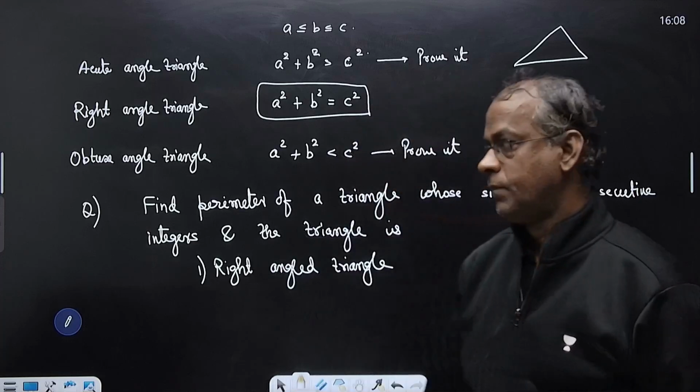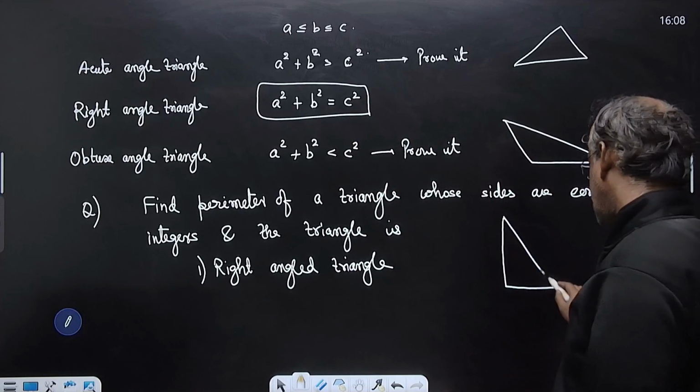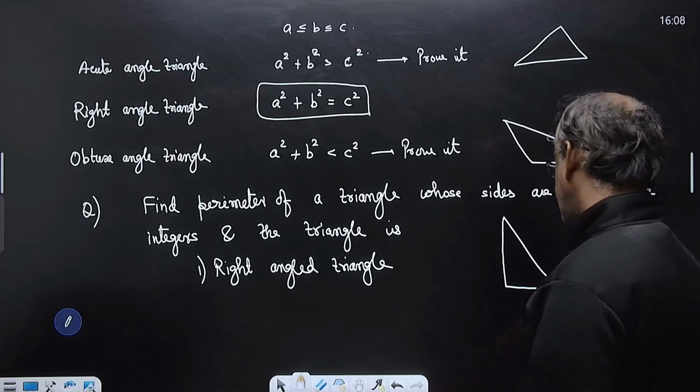Okay. So, what we are looking for is a right angle triangle whose sides are consecutive integers.